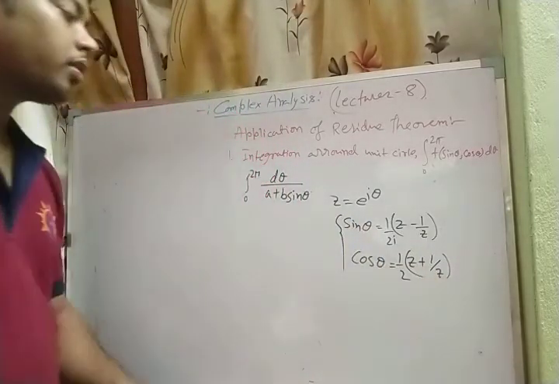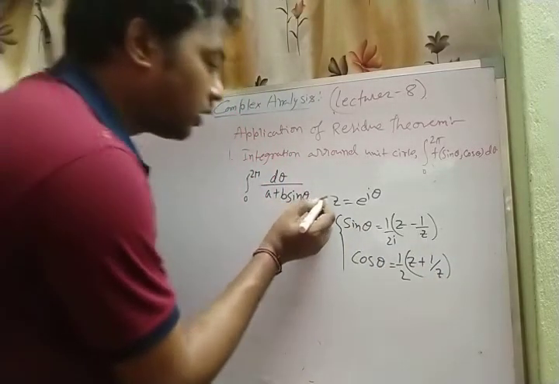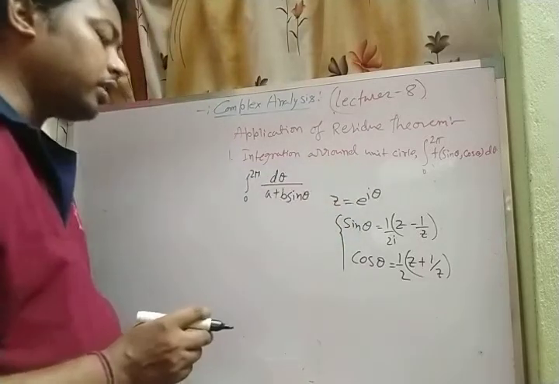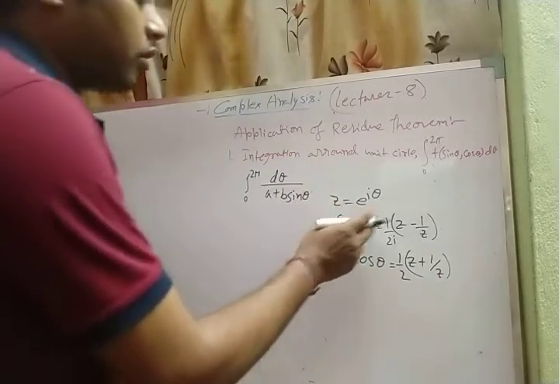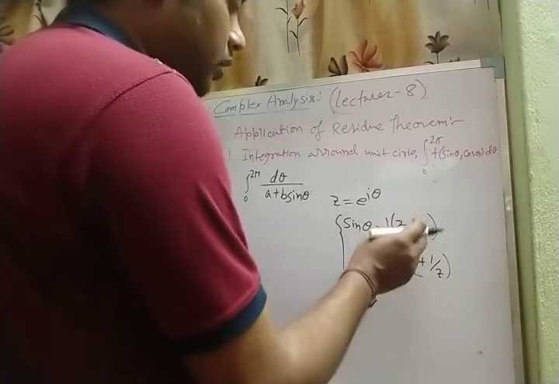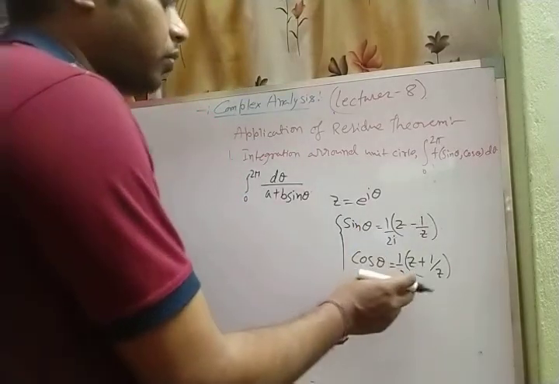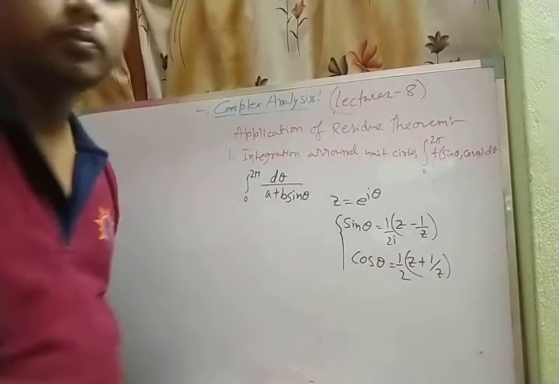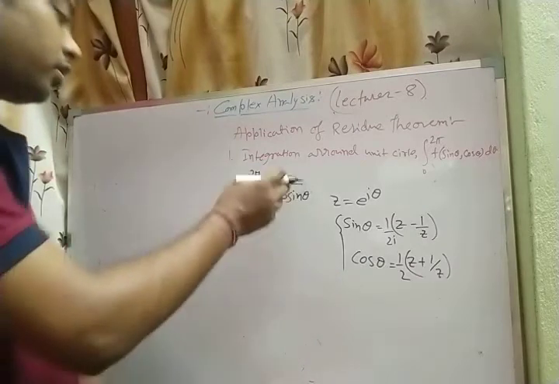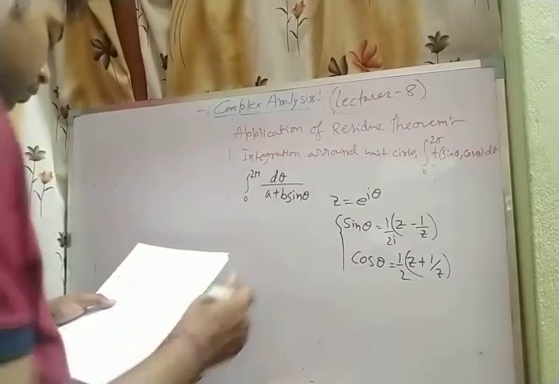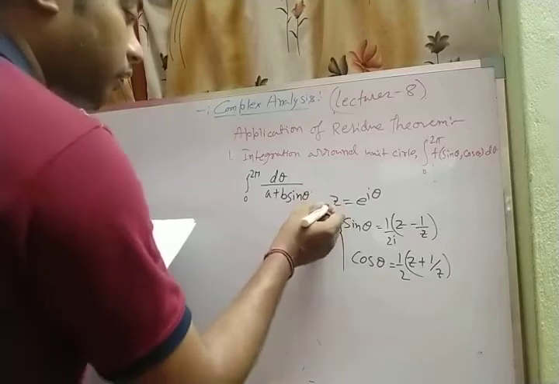Remember this. We have to consider z equals e to the power i theta, that is sin theta is equal to 1 by 2i into z minus 1 by z, and cos theta is equal to 1 by 2 into z plus 1 by z.